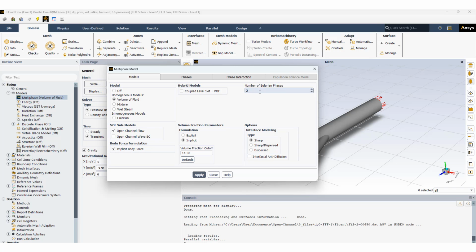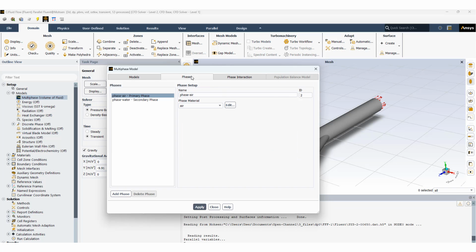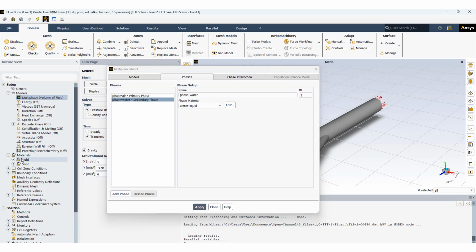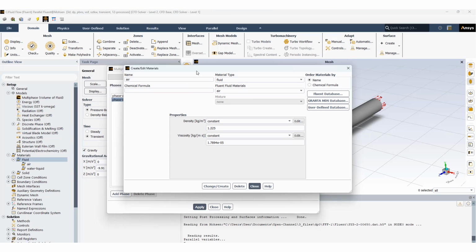These are two minimum phases. For the phases, I use air for the primary phase because we have much lower density for air, and for the secondary phase we use water. And we know that we can define the materials here.